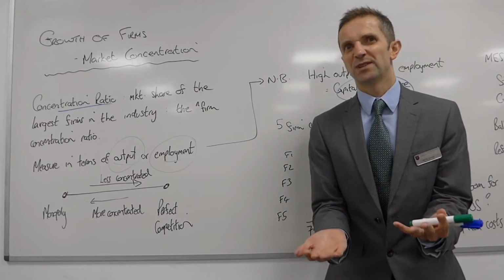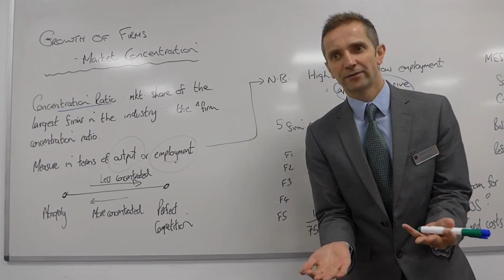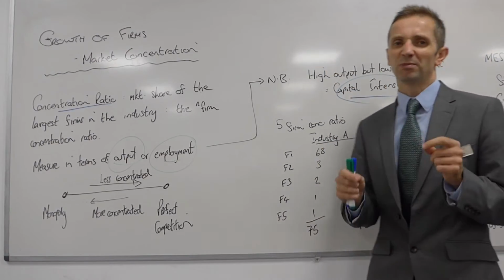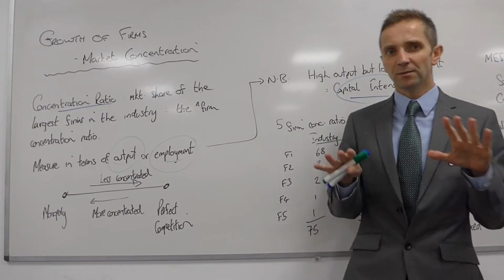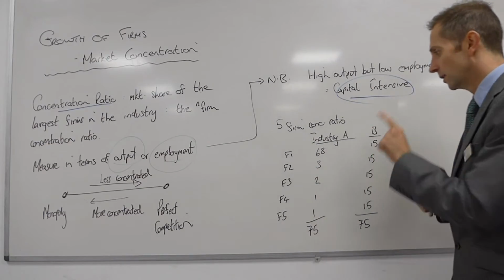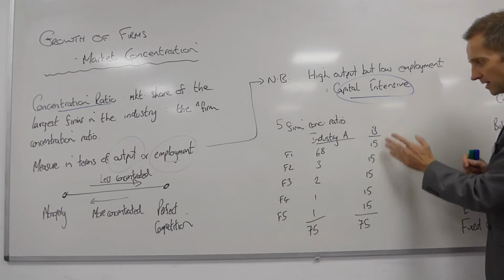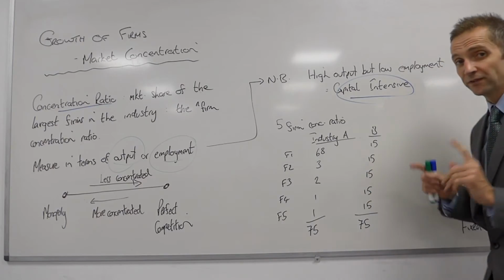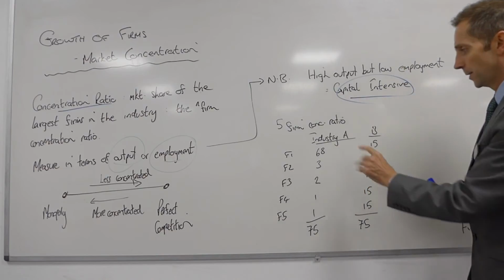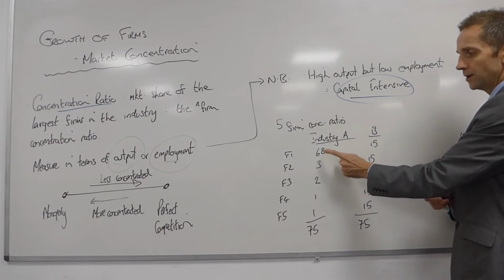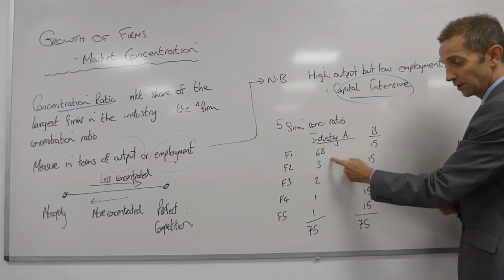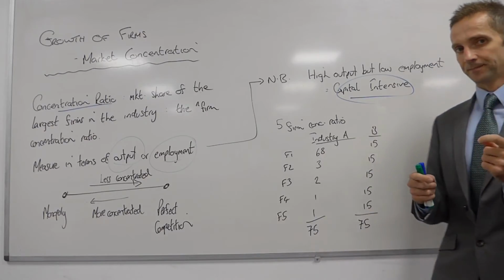If you were just presented with that, you would think, alright, 75%, 5 firms, probably dominated by 5 reasonably large firms. However, look at the difference, ladies and gentlemen. In Industry B, we've got 15% market share for each firm. But look at Industry A: 1 very dominant firm, and then 4 very small firms.